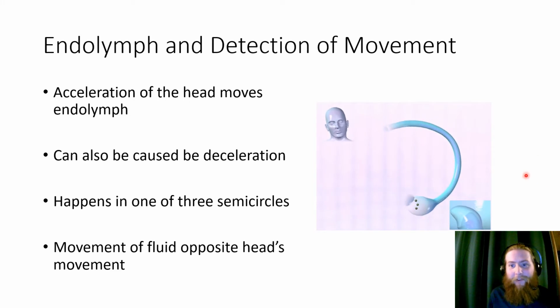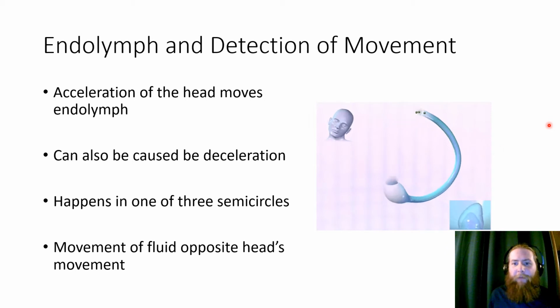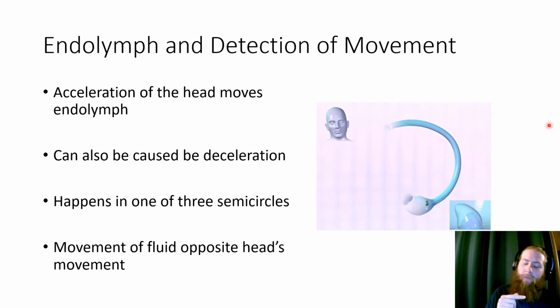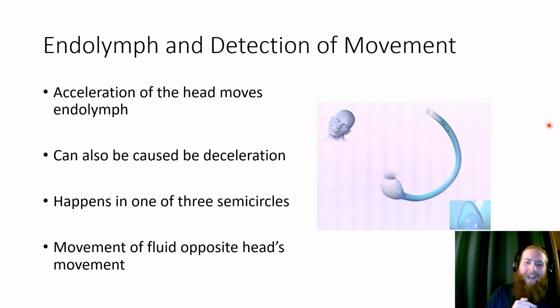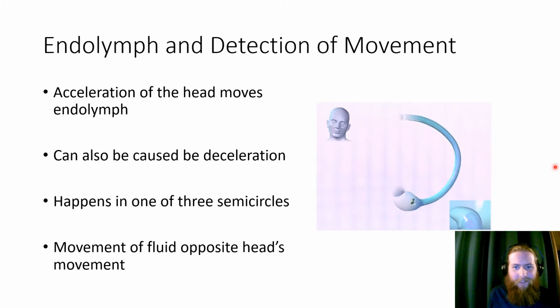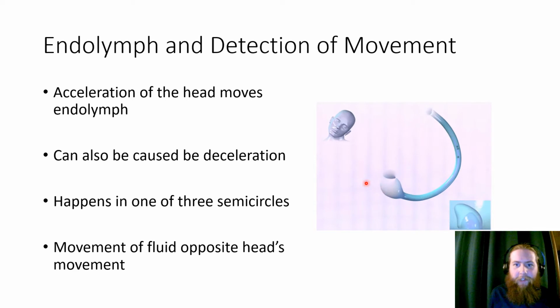The movement of the fluid is going to happen in the opposite direction. So if you move your head to the left, my left, the fluid will go the other way. Like you can see in this graphic here, as that head is tilting down, this fluid is moving the other way.